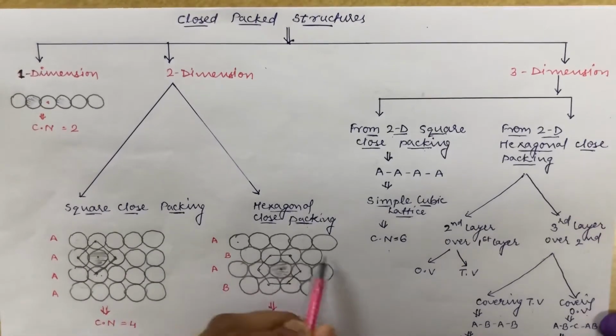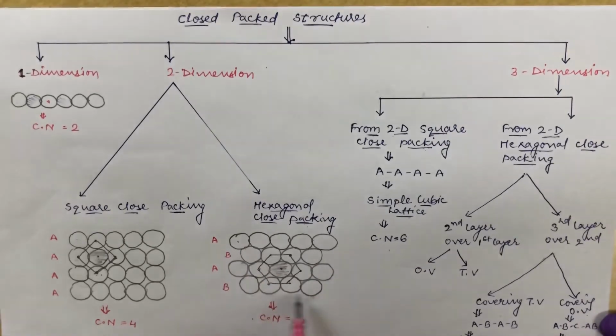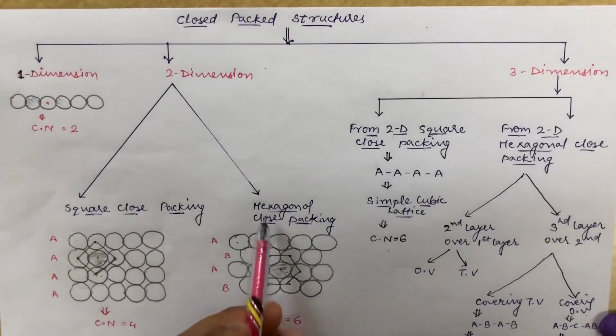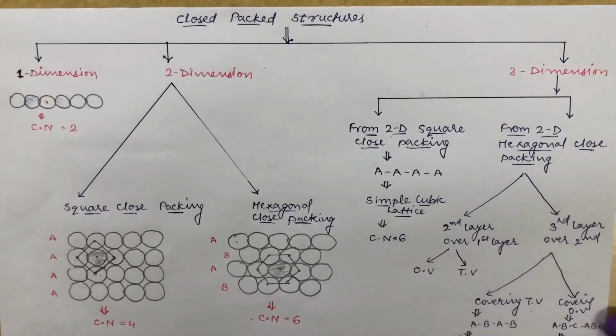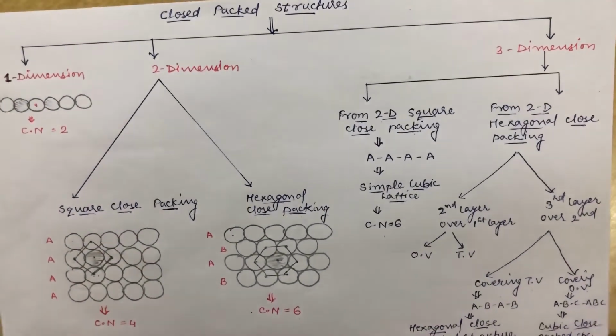So if you keep on arranging like this, you will get an arrangement like this, where any atom, if you take it, comes in direct contact with 6 atoms. So the coordination number here is 6. Such an arrangement is called hexagonal close packing because you can see that if you join the centers of the neighbors, you get back a hexagon.